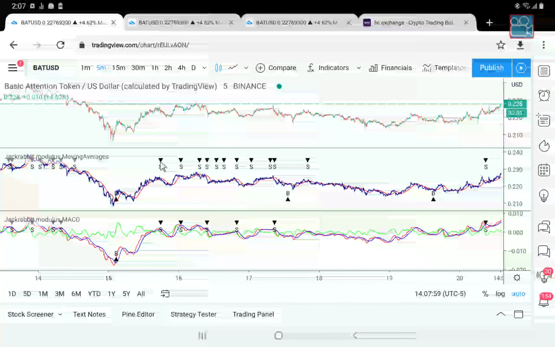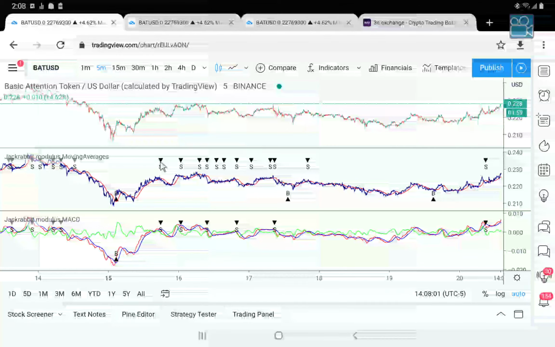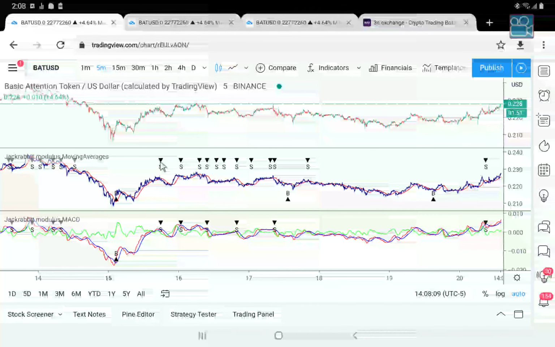Now, sometimes the market is going to be backwards, and it's going to happen as you take losses. But for the most part, you always want to be on the right side of the trend.